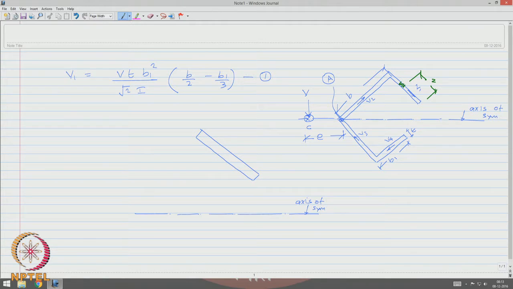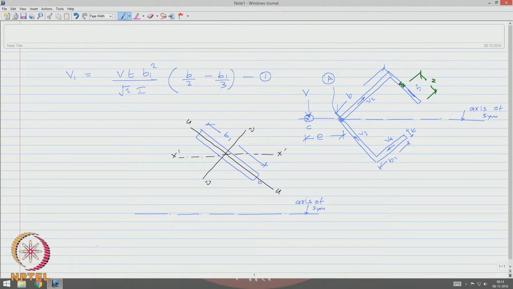We know the dimensions of this are B1 and thickness is T. It has two axes. Let us say this is my UU axis and this is my VV axis, and let us say this is my x dash axis.